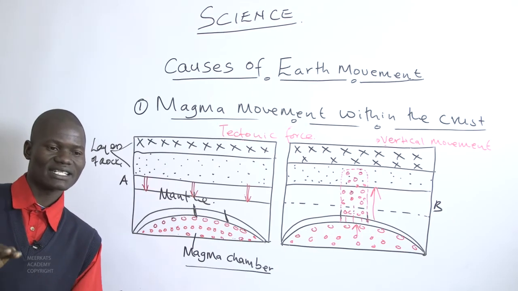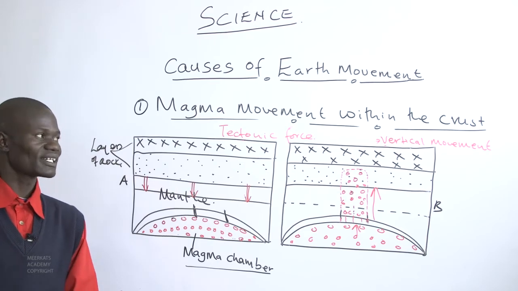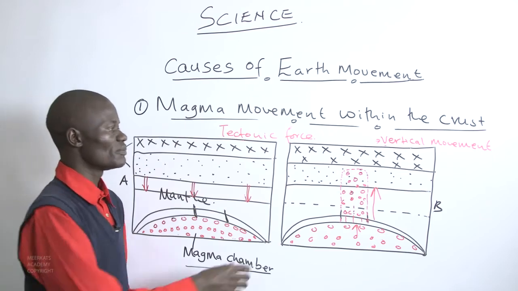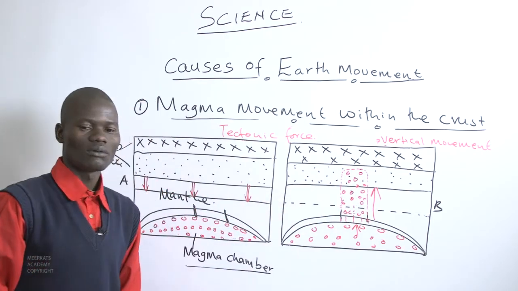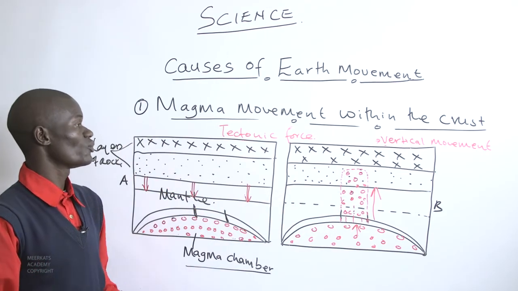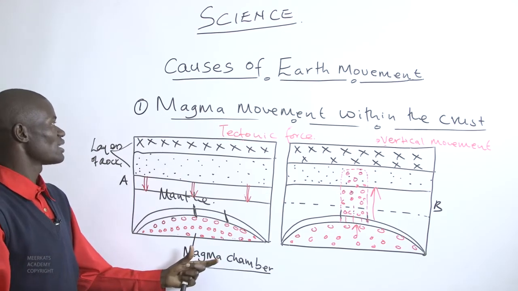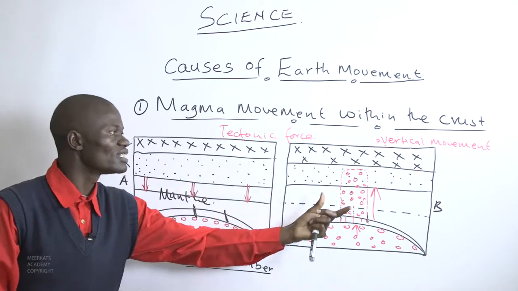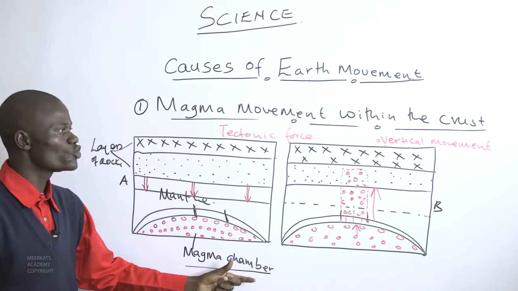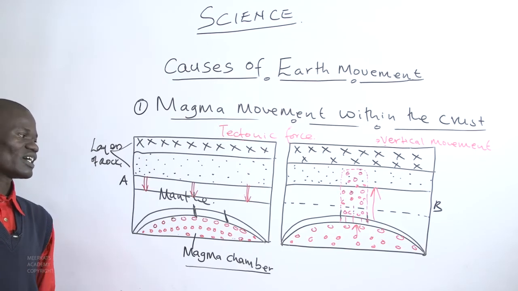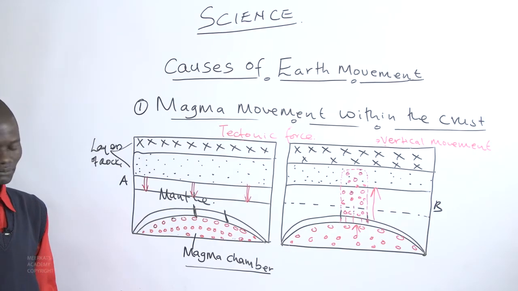Therefore, in some areas of the earth crust there are hills, and some are valleys. It will be the result of the vertical movement, and that one we have already seen. That is briefly how magma movement within the crust may cause an earth movement referred to as the vertical movement.